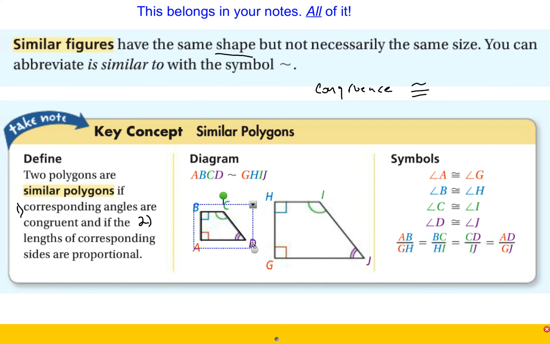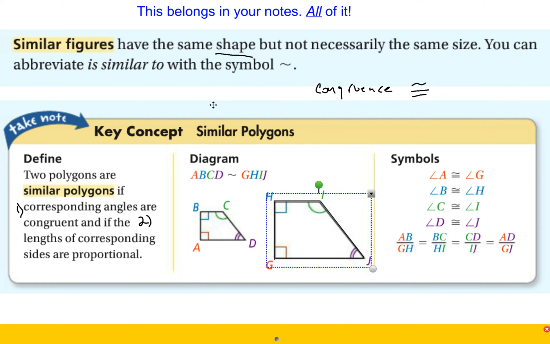Not the same size, but the same ratio. In other words, AB is the same ratio to GH as BC is to HI, as CD is to IJ, as DA is to JG. And you can see that right over here.